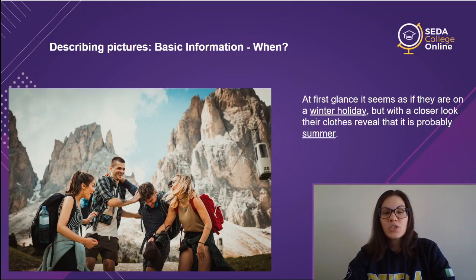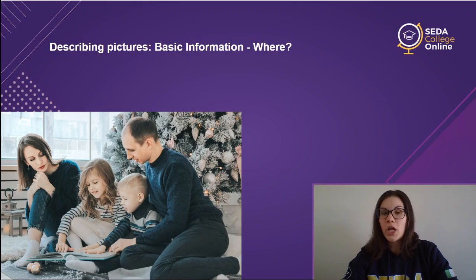And let's continue with the where. Now here in our picture, the where is easy. You're going to tell me in a house. But if you want, you can make it more specific. For example, which room in the house do you think they are?